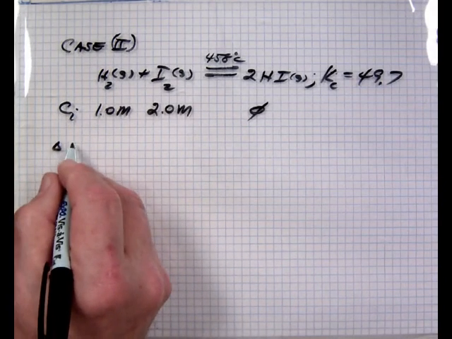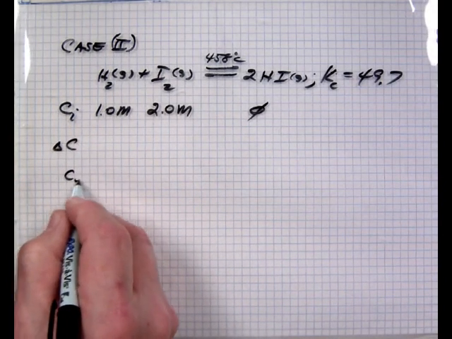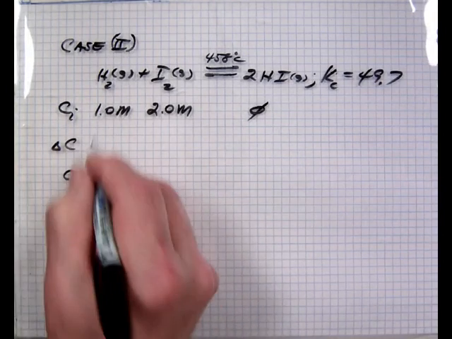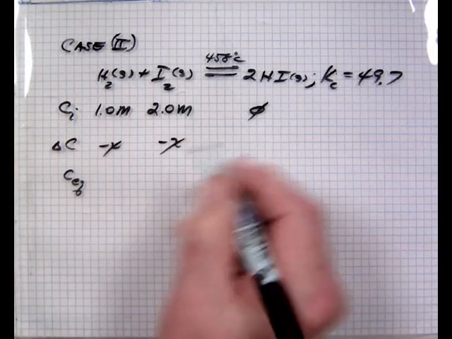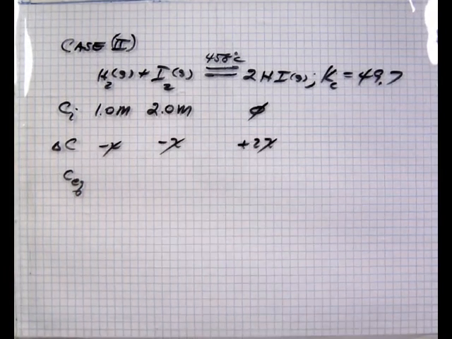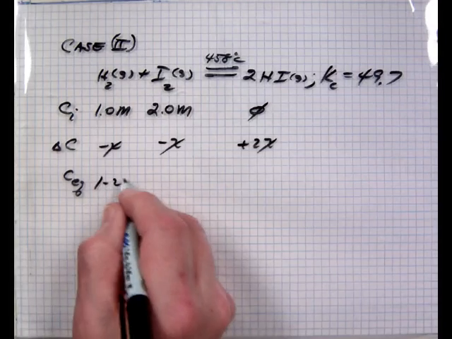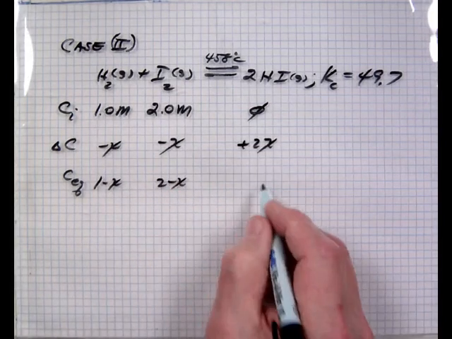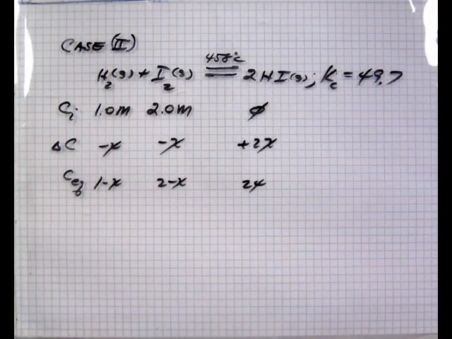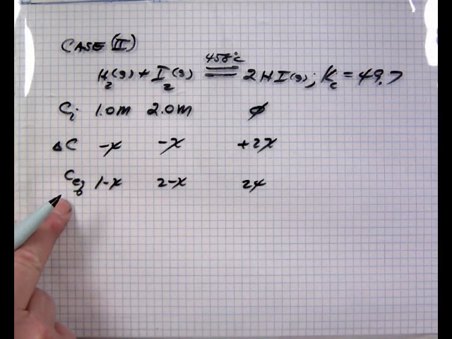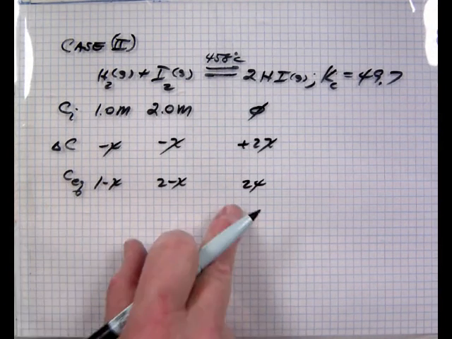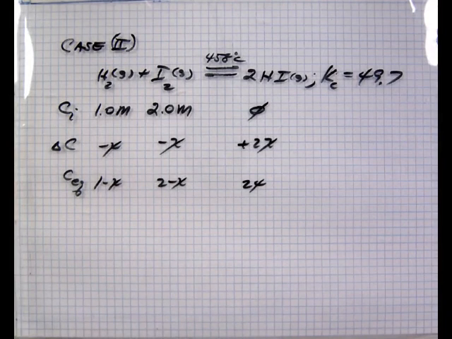So in the change in concentration on the way to equilibrium concentration, again, you apply the changes as shown here and add them to the initial row here, and you get 1 minus x, 2 minus x, and 2x, like that. This is the data that you plug into the Kc expression.